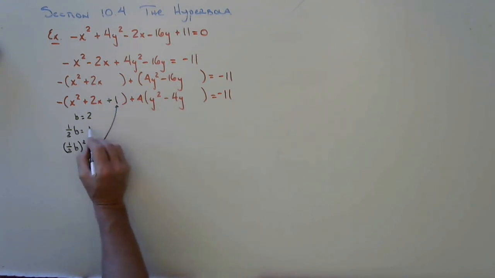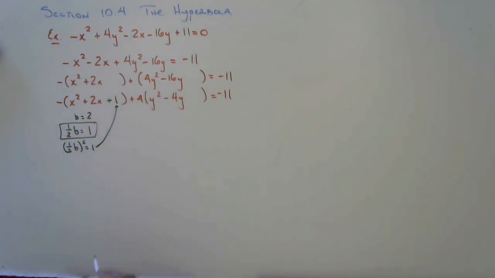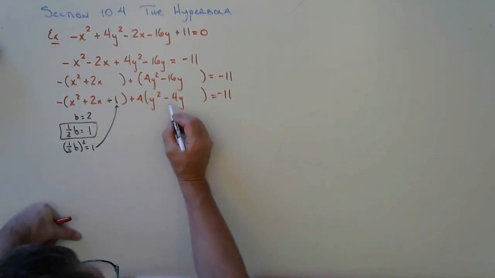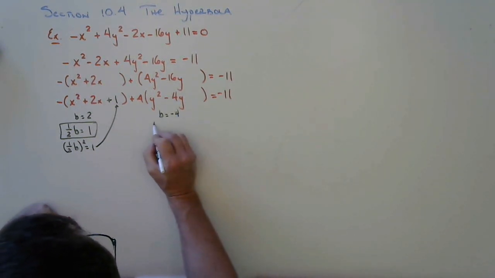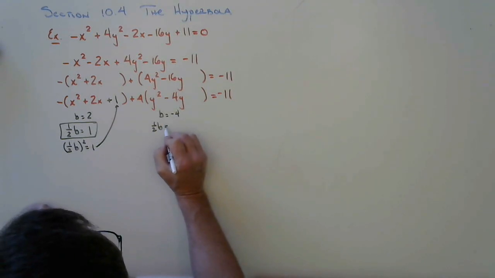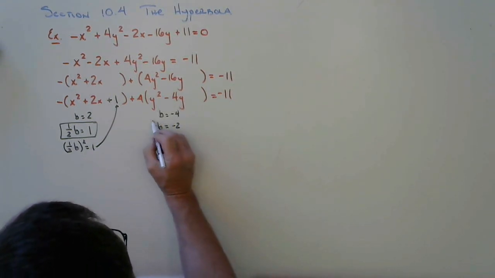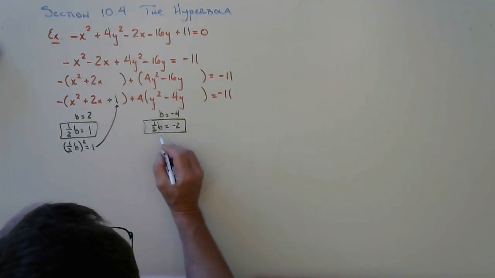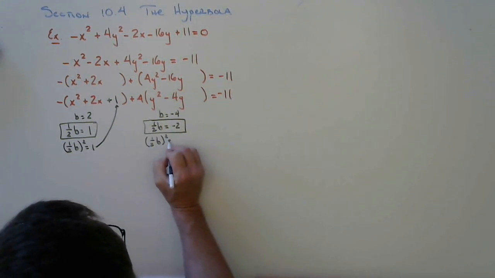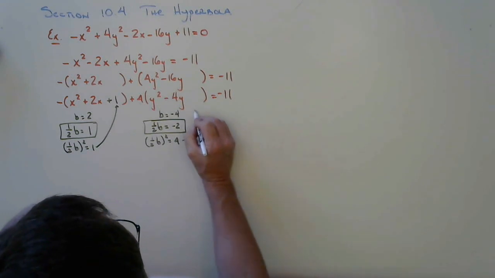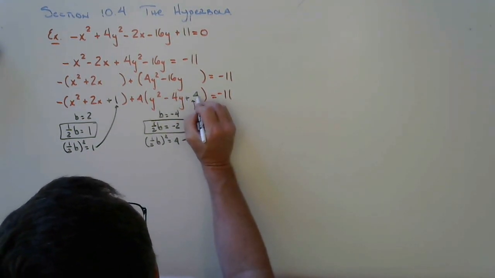This goes here. Now I'm going to put a box around this because I'm not very good at factoring, and I'll get to that in a second. Over here, b is going to be negative 4. Half of that is going to be negative 2. I'm going to put a box around that. And 1/2 b squared is going to be positive 4. That goes right there.